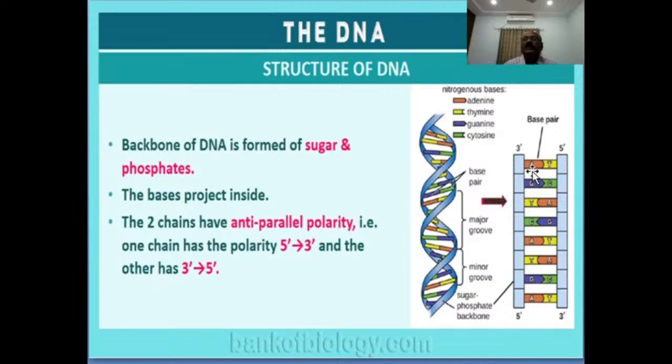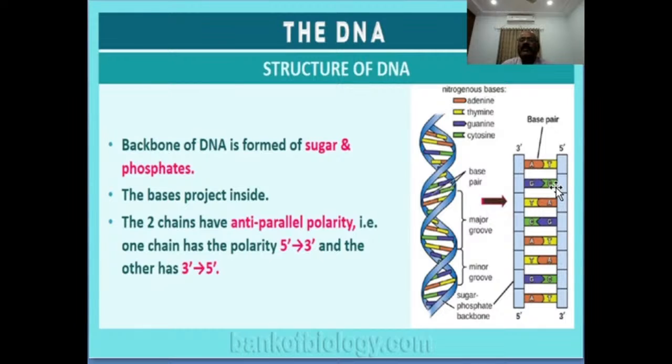That means, you see, this is nitrogen base, this is nitrogen base. Adenine pairs with thymine. Guanine pairs with cytosine. That means adenine is complementary with thymine and vice versa. Guanine is complementary with cytosine.